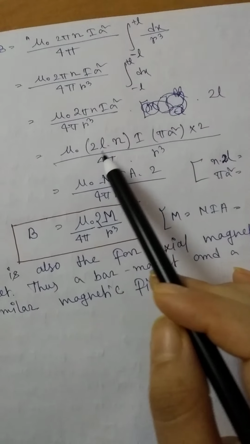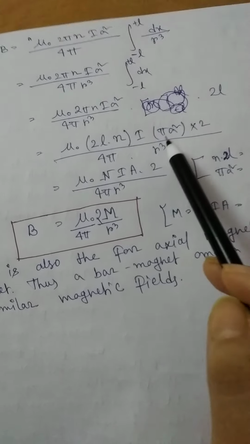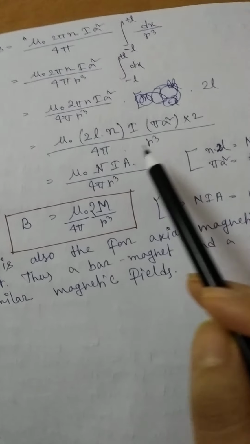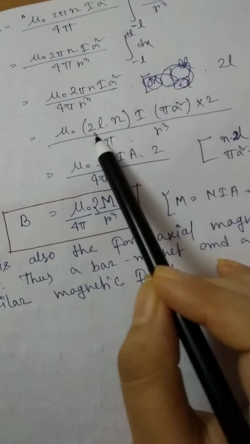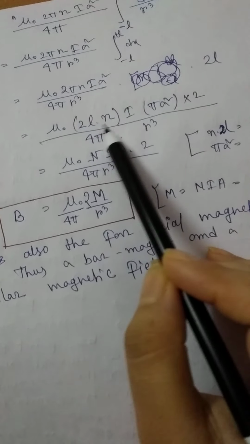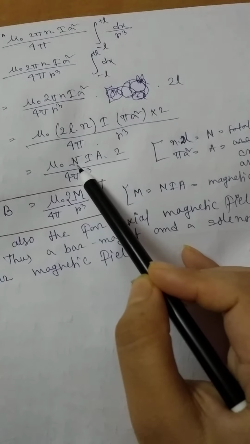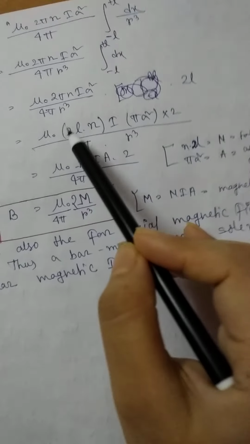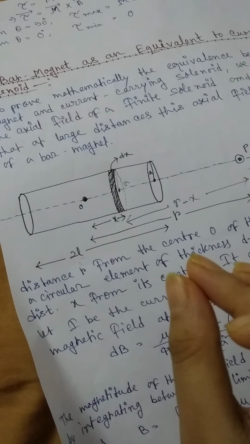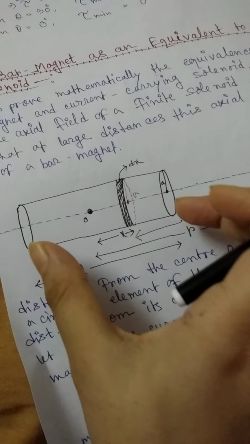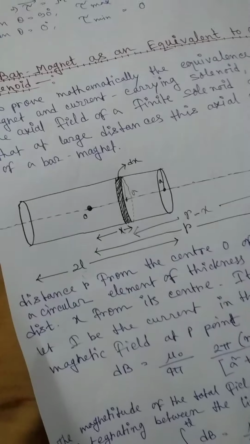So B equals mu naught, 2 l n into I pi a square into 2, by 4 pi r cube. What is this? This is the total number of turns, right? Here I am assuming the total number of turns is capital N, because n is the number of turns per unit length and the length of this solenoid is 2l.